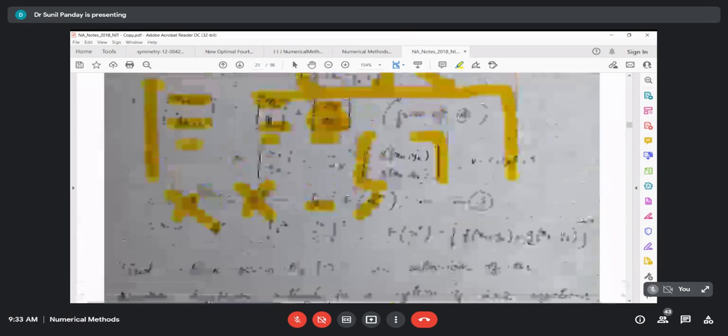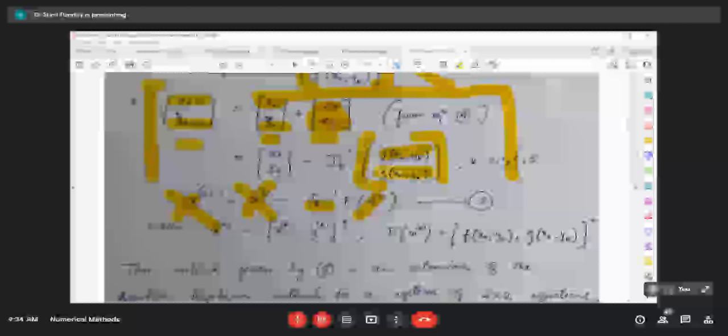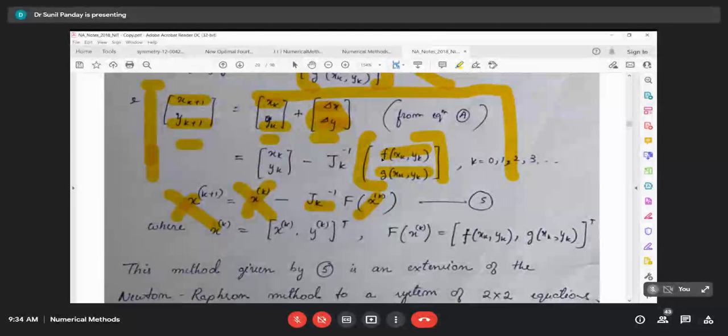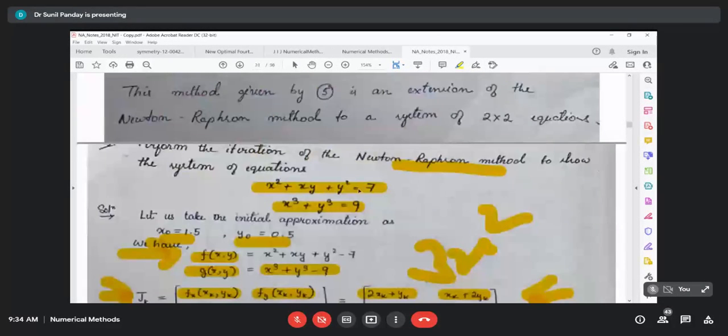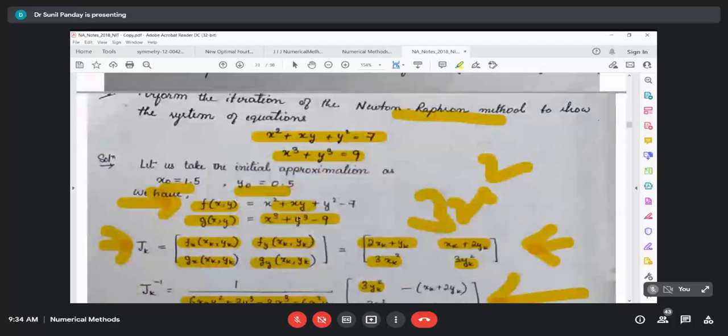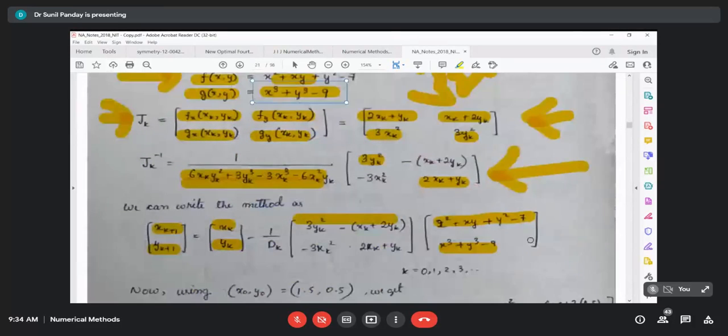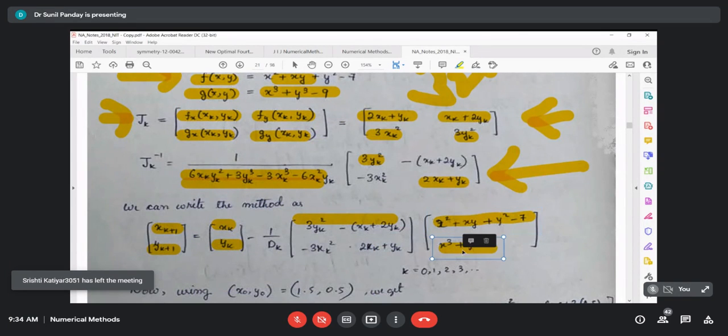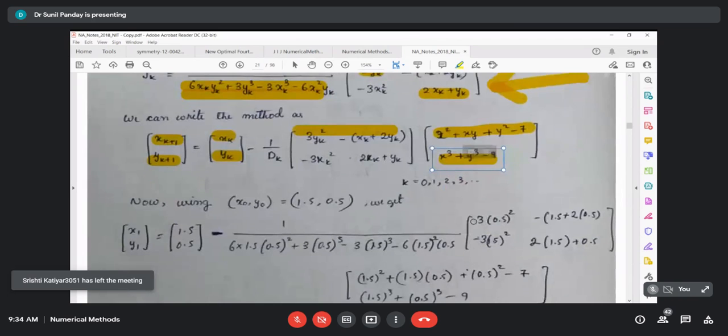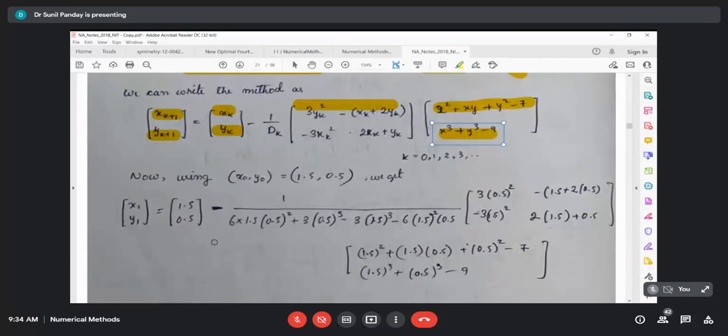You can see this is capital F now. I have to evaluate the functions f and g at the point x k y k. The suffixes are missing, but we have to calculate at x k y k.